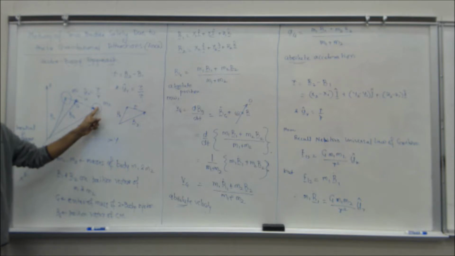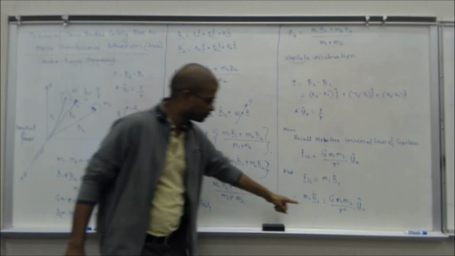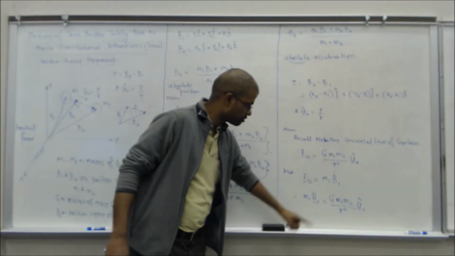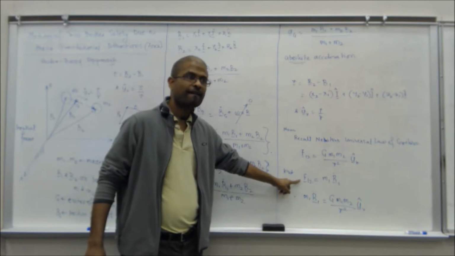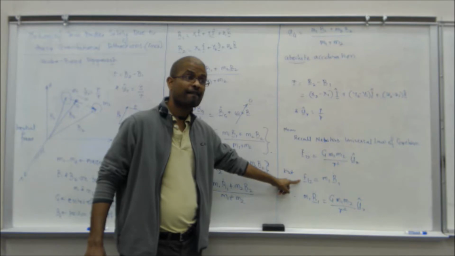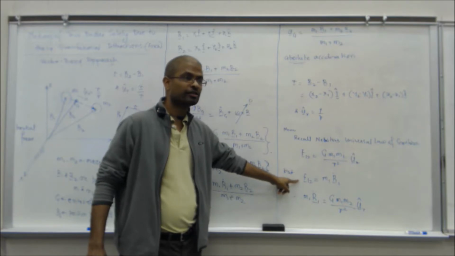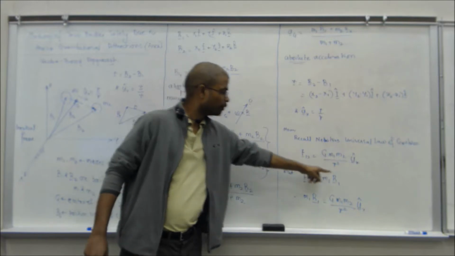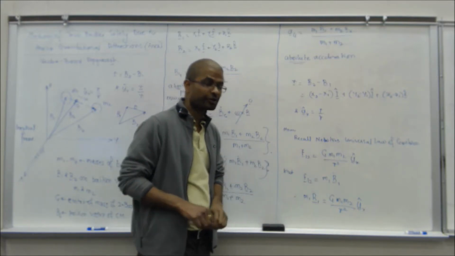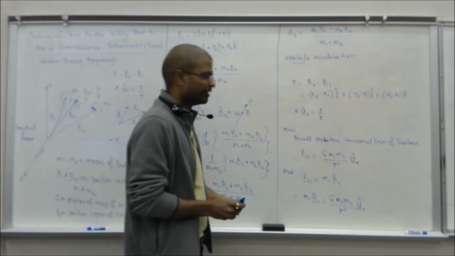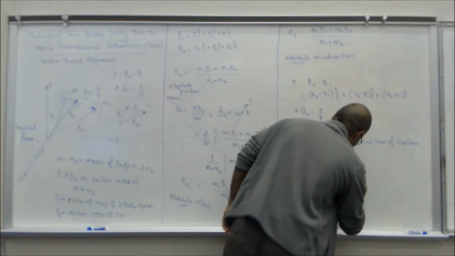That's the second part. This one, what is this? Yeah, of course, the M R, you pointed that out. What is this? That's the force of attraction. What is this? That's Newton's second law.